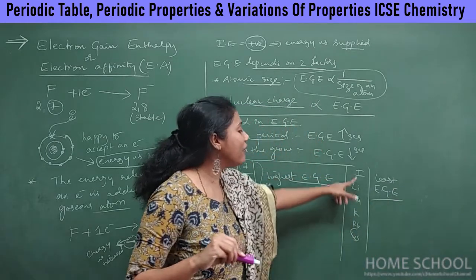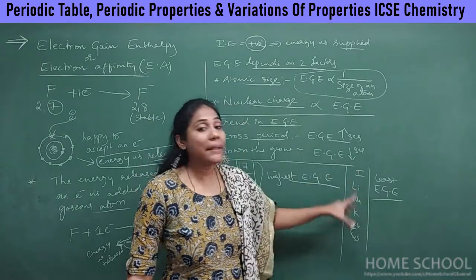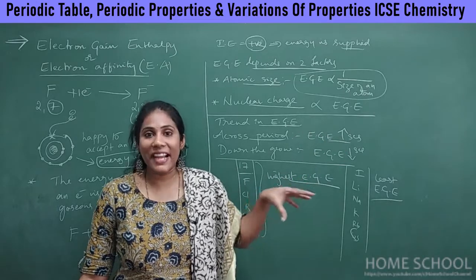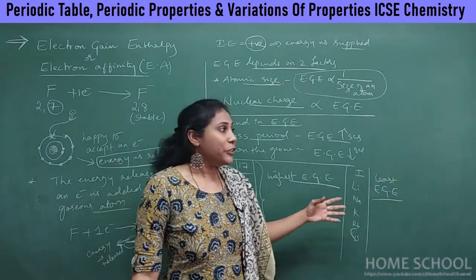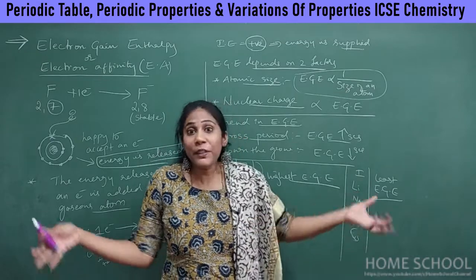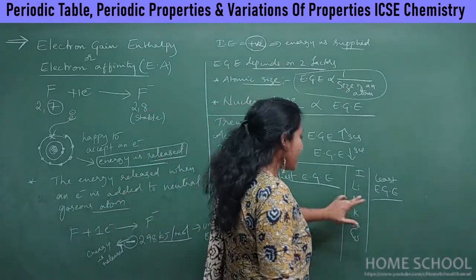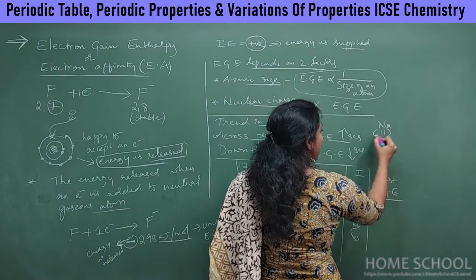So why do they have least electron gain enthalpy? Because they are bigger in size. So even if an outside electron is added to them, you know what? It's very far away, and the atom is not happy to accept an electron. For example, sodium's atomic number is 11.